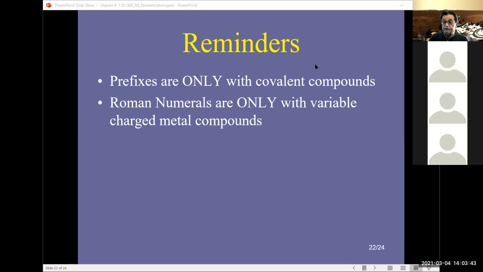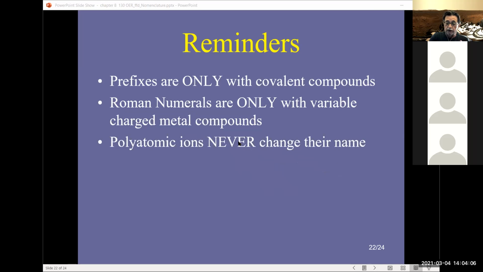So everybody's in the standard nomenclature method. And so the chemical that I named, the scientists halfway around the world will know exactly what chemical I'm working with. Okay. Roman numerals are only for those variable charge metal compounds.